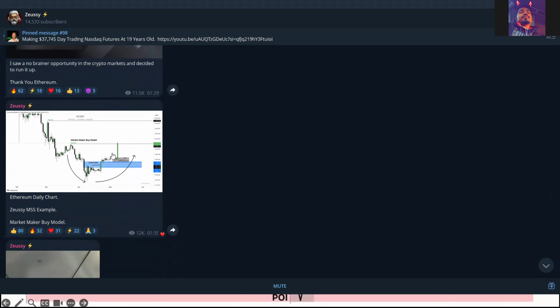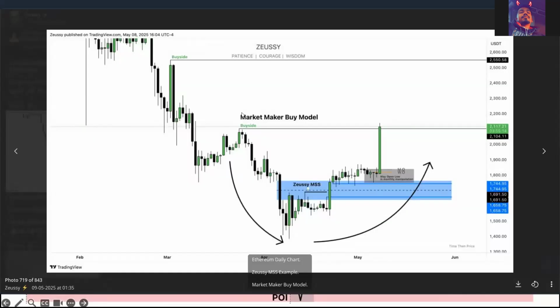Let me open this image for you. Original consolidation, left hand side of the curve into a point of interest, buy side of the curve. Zeussy market structure shift. We are going to go into this in depth.